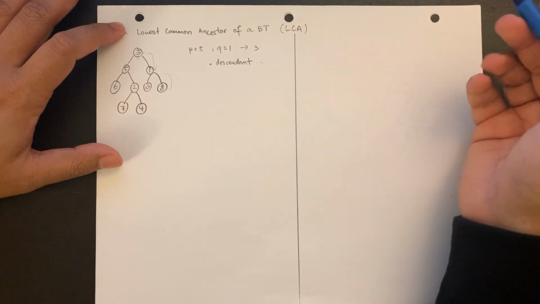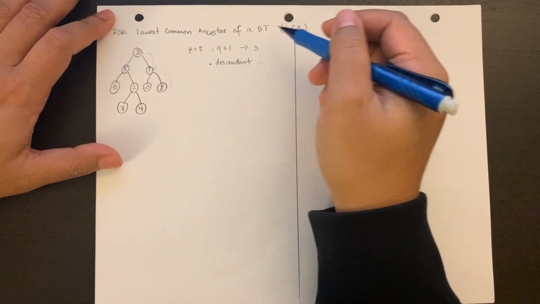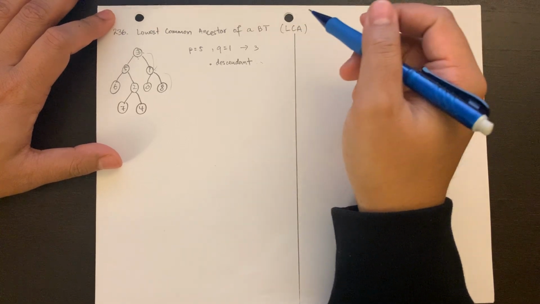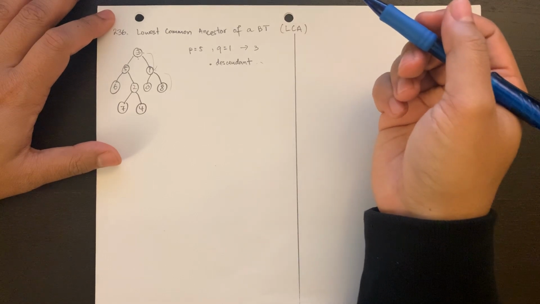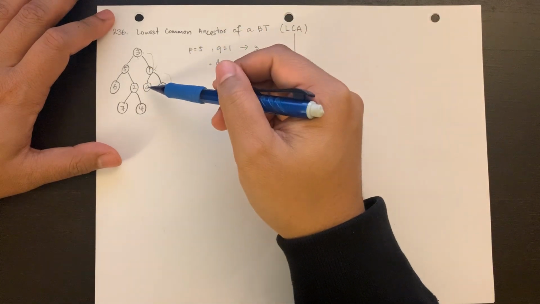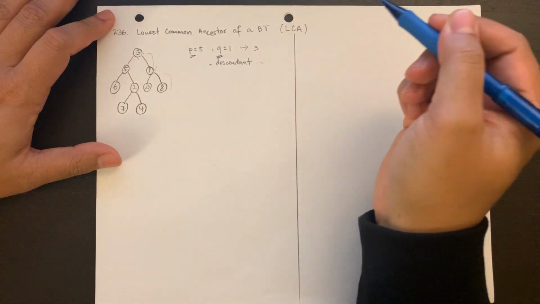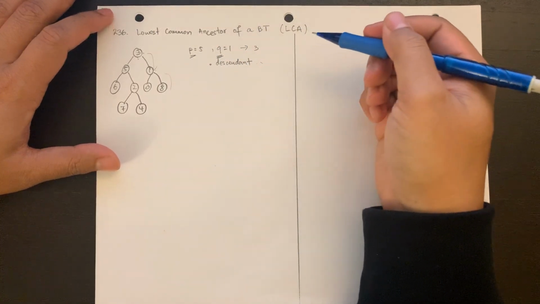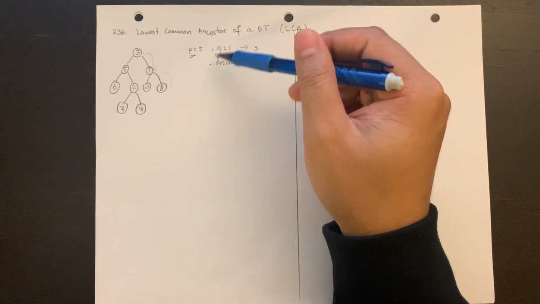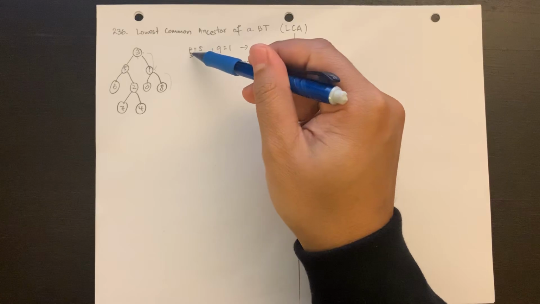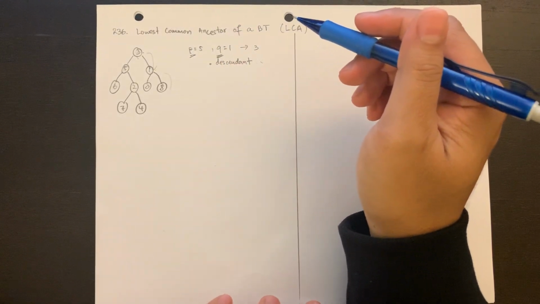So what is my strategy for solving this? The lowest common ancestor basically refers to the closest node that connects two nodes, P and Q, the shortest node that connects them.